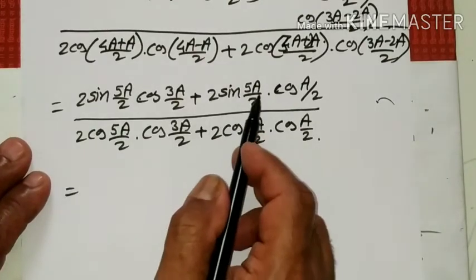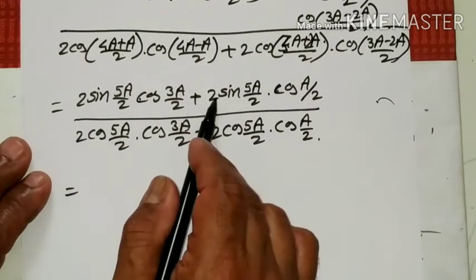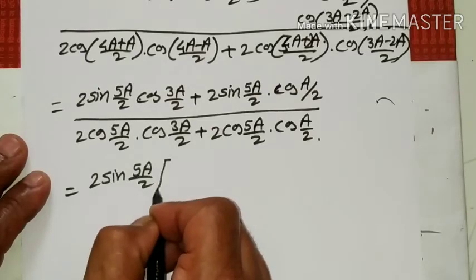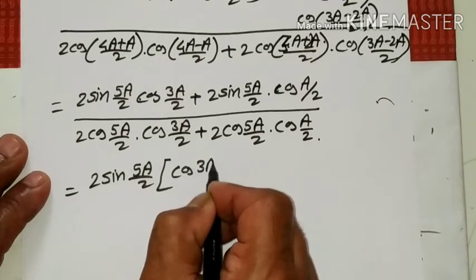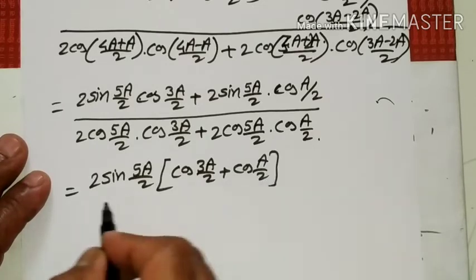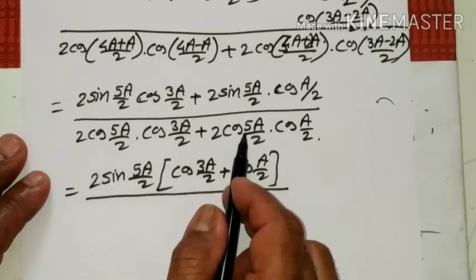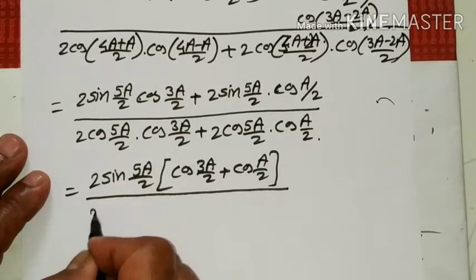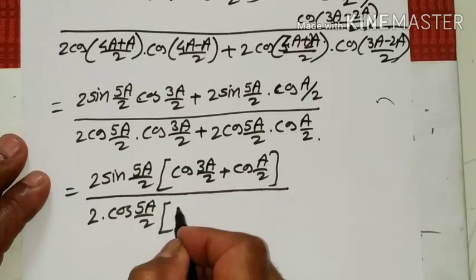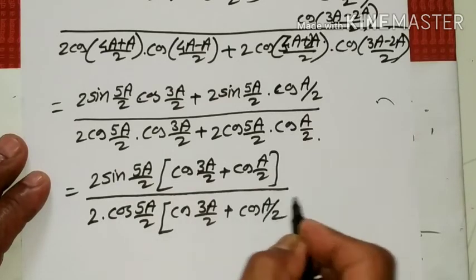Common outside sin 5a upon 2 from the numerator as well as 2: 2 sin 5a upon 2 into bracket cos 3a upon 2 plus cos a upon 2. From the denominator, cos 5a upon 2 and 2 common: 2 into cos 5a upon 2 into bracket cos 3a upon 2 plus cos a upon 2.